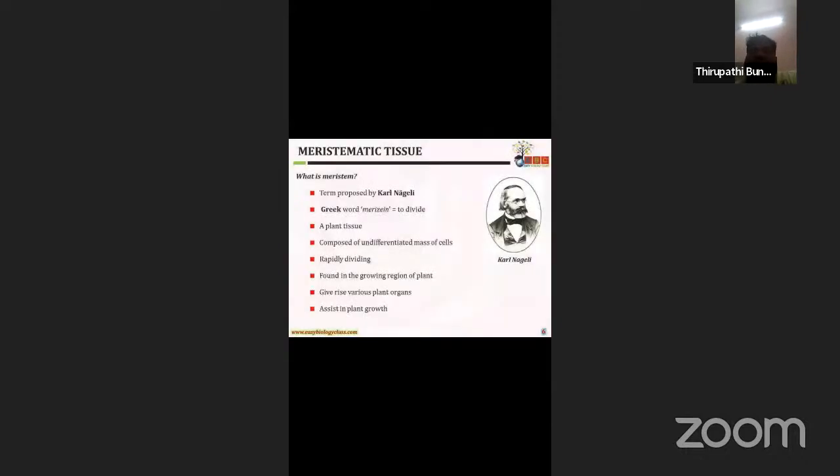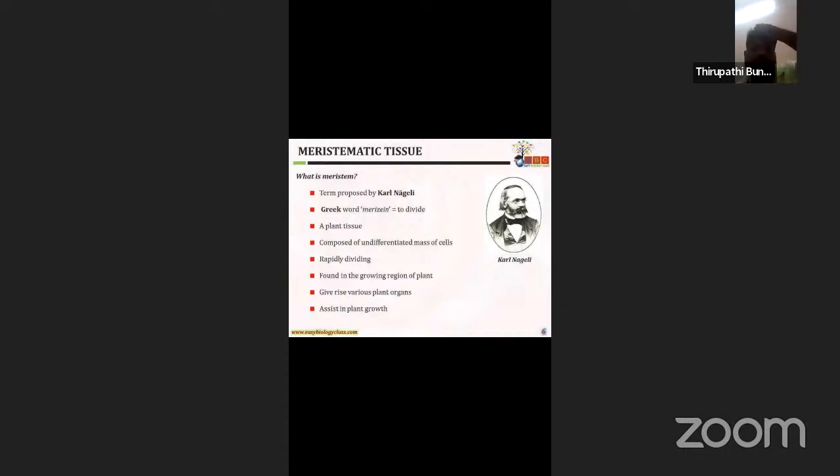Meristems give rise to various plant organs, and give support or assistance at the time of growth and development.